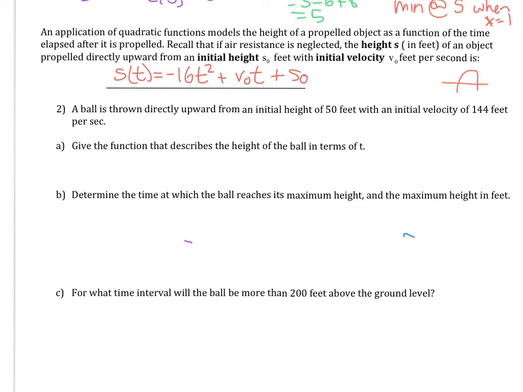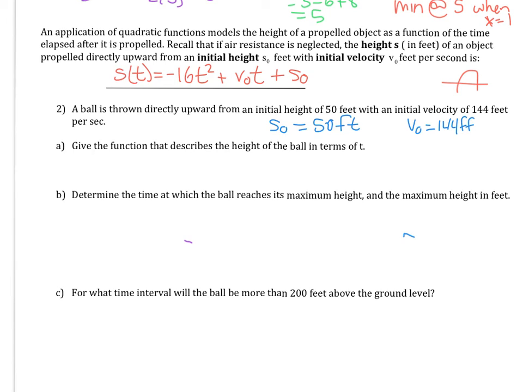S sub 0 is the initial height, the height at time 0. Okay, so now this one says a ball is thrown directly upward from an initial height of 50 feet. So my initial position, my S sub 0, is 50 feet. And an initial velocity, my V sub 0, is 144 feet per second.